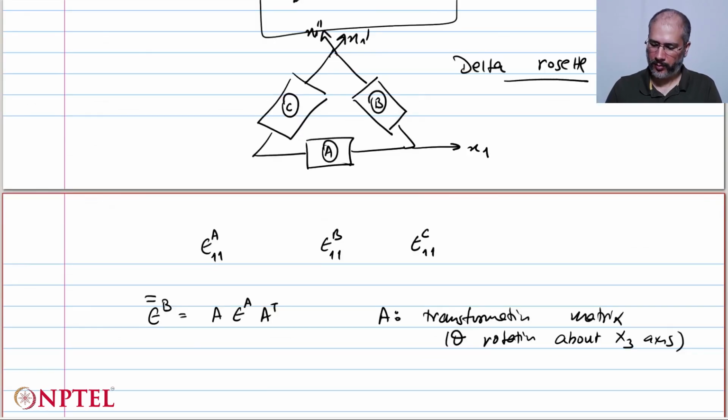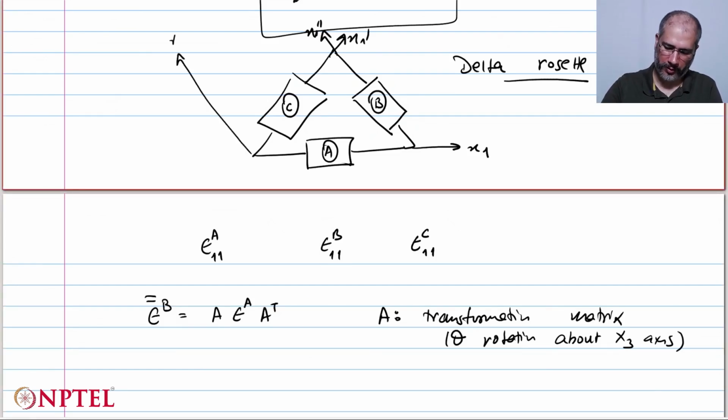Now the theta between x1 and x1 double prime, which denotes the strain gauge B, let's draw x1 double prime like this. So this is the theta that we're talking about, and this theta actually in this case is 120 because it's an equilateral triangle here. So all these angles are 60 degrees. So theta in this case is 120.